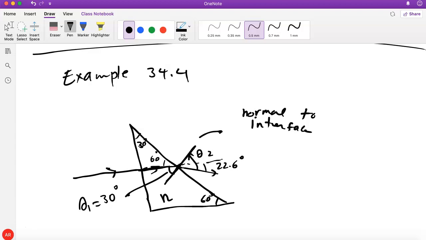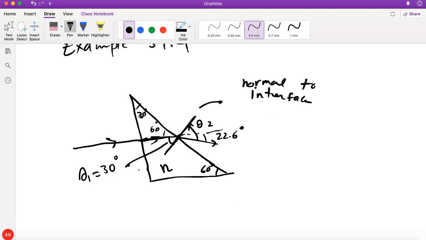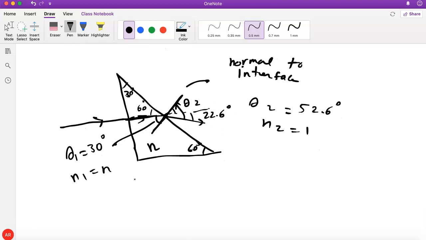Let's call that theta 2. So theta 2 is going to be the same 30 degrees, right? This part is 30 plus the angle given between the ray and the horizontal, so it's going to be 52.6 degrees. And n2 is 1, n1 is n, the index of refraction we want to find, the index of refraction of the material of the prism.